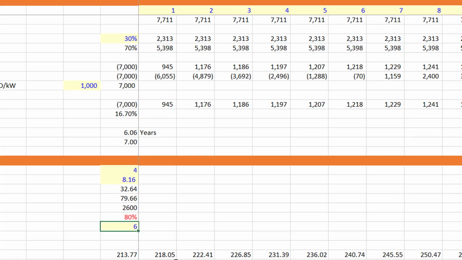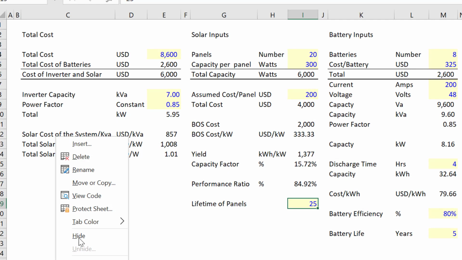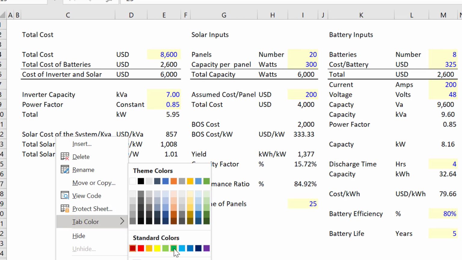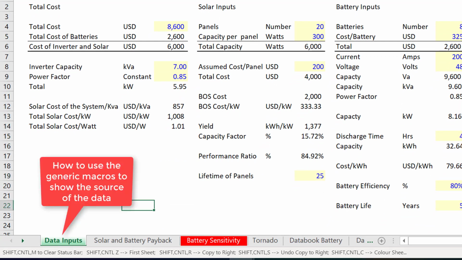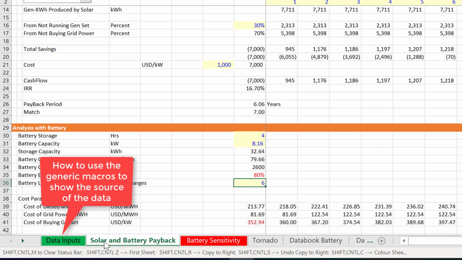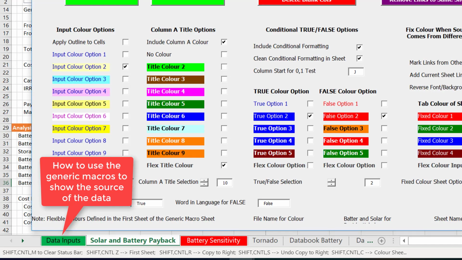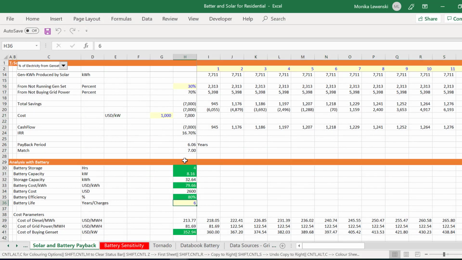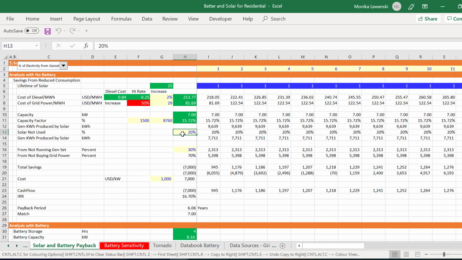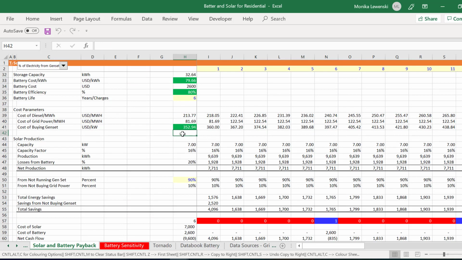Now, let's make this a green color for a minute. If I go to our sheet and press Control Alt C again for our coloring, if I take it from the sheet tab color, and if I reverse the background, this might be kind of overdoing it, but then you can clearly see what comes from the input sheet.